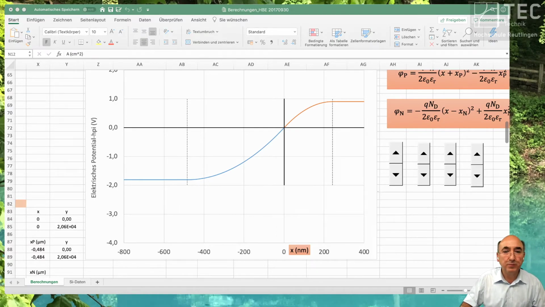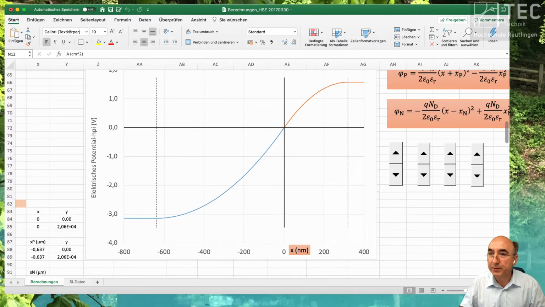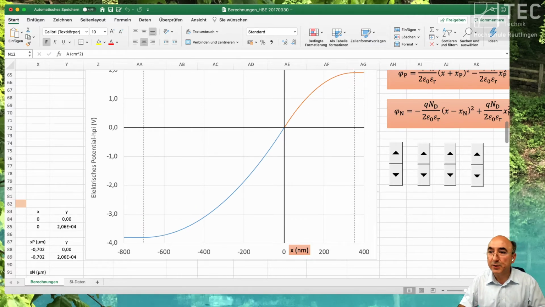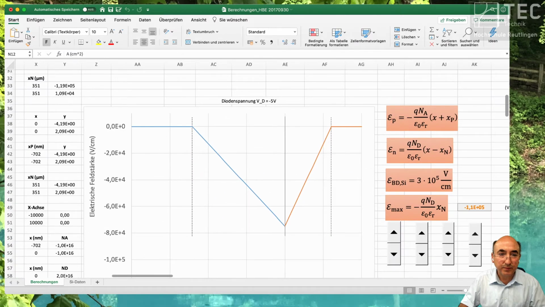What happens now if you further increase the reverse bias condition? Let's take a look at the electric field.